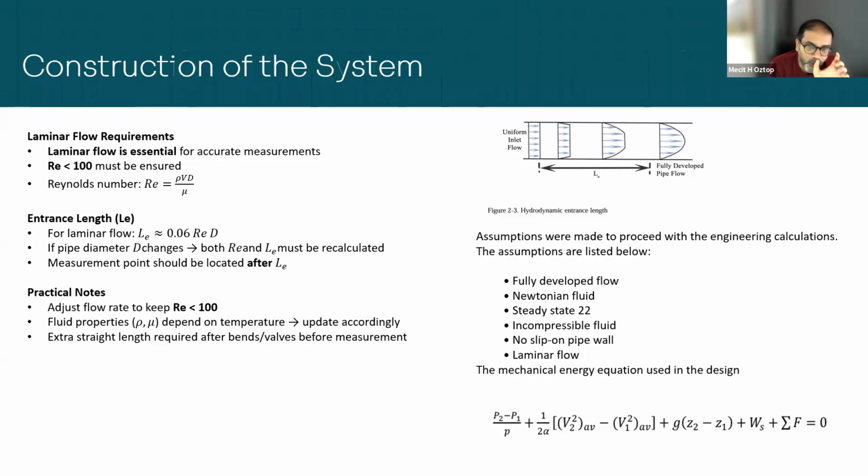And usually we want the Reynolds number even below 100 so that we will have good, accurate measurements. We also need to be sure about the entrance length, because once fluid enters the pipe, it will not attain its parabolic flow instantaneously. So you need to ensure that you have some entrance length, and this entrance length should be before the RF coil so that you will have this nice flow image.